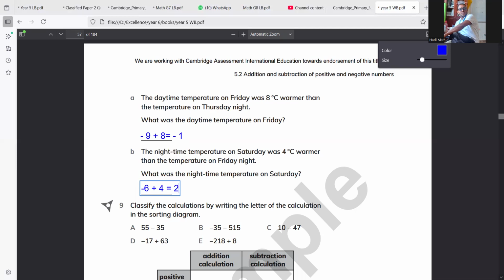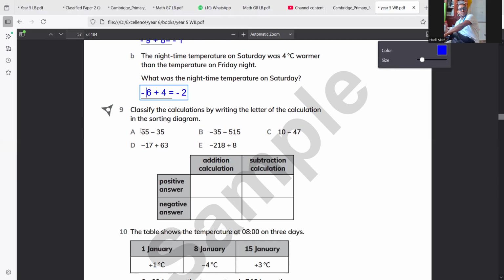The difference between them is 2, and the sign of the greater one is negative. So it's -2. This is what you need to do. Remember, you can always apply the rule of same sign and different sign, and that makes things very easy. You look at the two numbers: if they have the same sign, add them and keep the same sign. Different signs, subtract and put the sign of the greater absolute value.